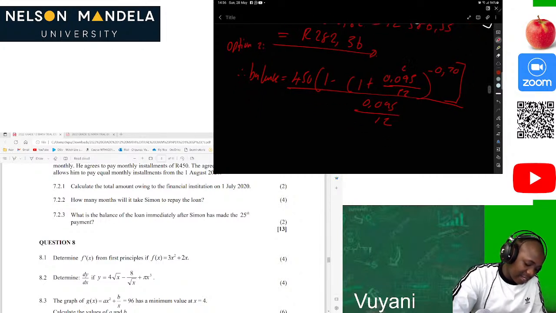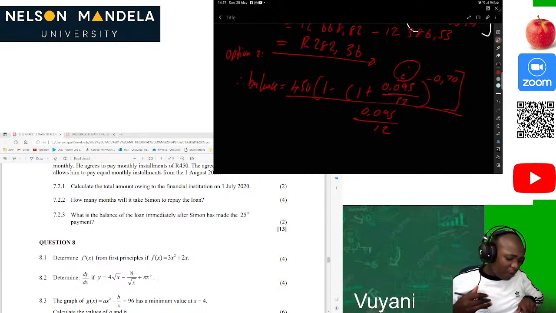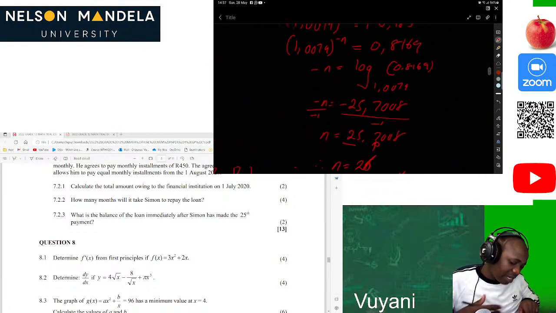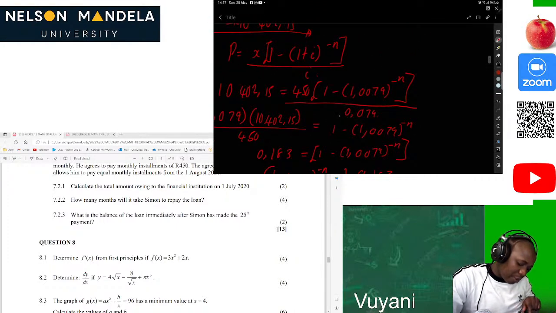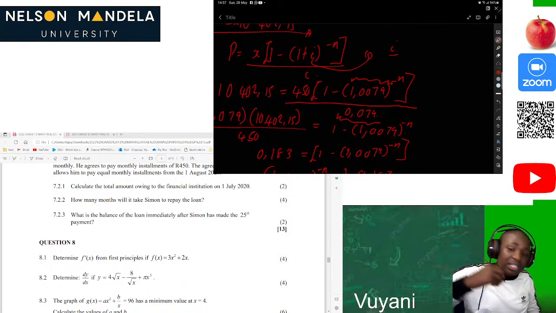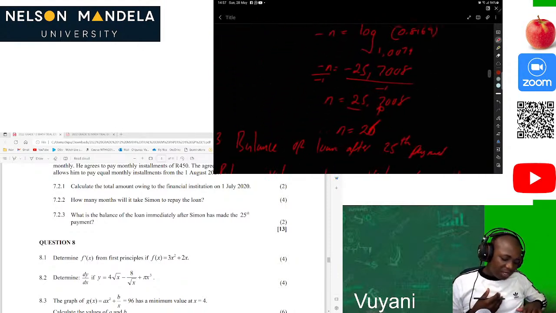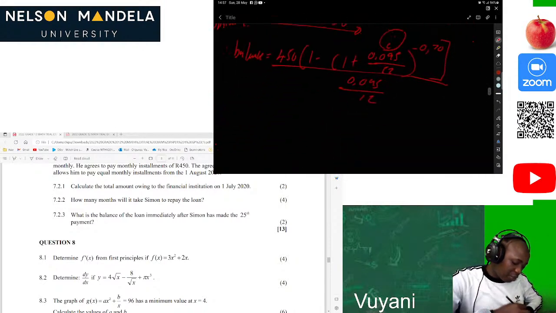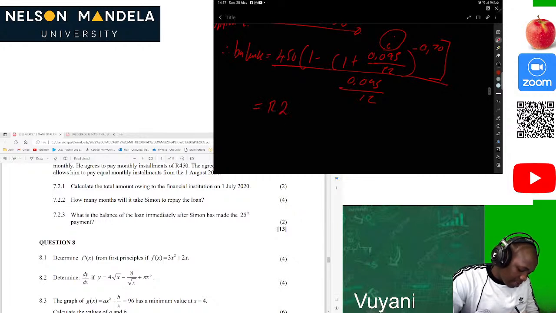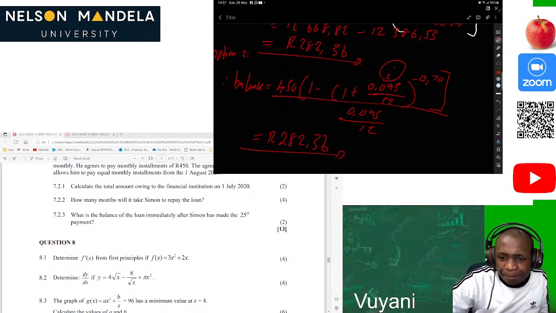So this is i, guys, okay? Our i, we have divided by 12 because they said it has been compounded monthly. That's why I also said the initial here on this question that by now you guys should be able to understand where this is coming from, because we know that i depends whether it's compounded annually, quarterly, or monthly. So if you use this equation which I just gave you now and press your calculator, you should get the same answer, 282.36 cents.